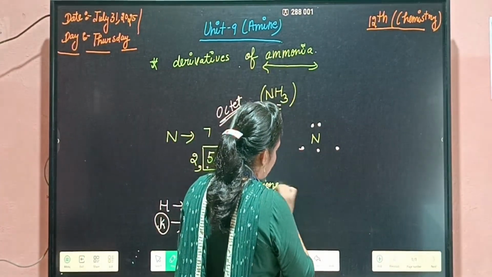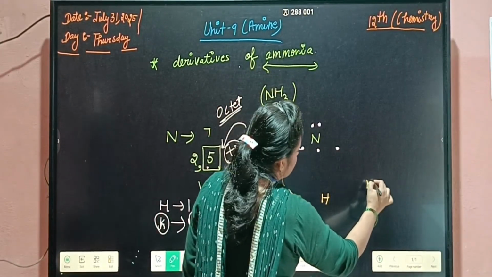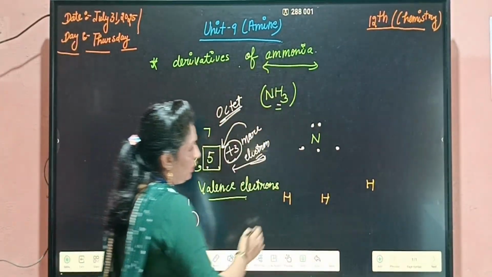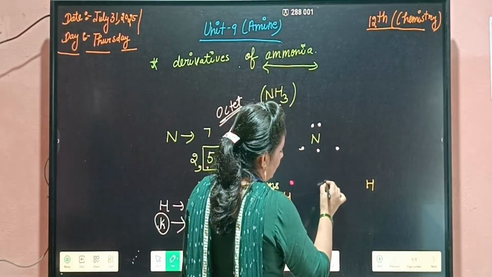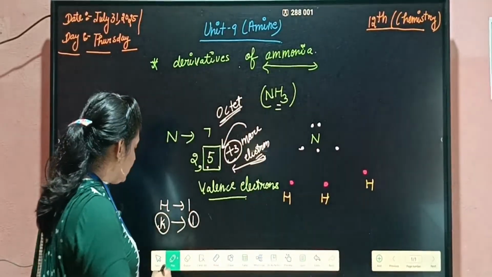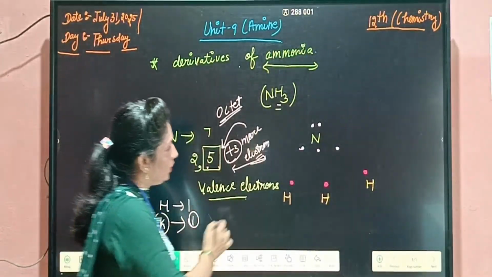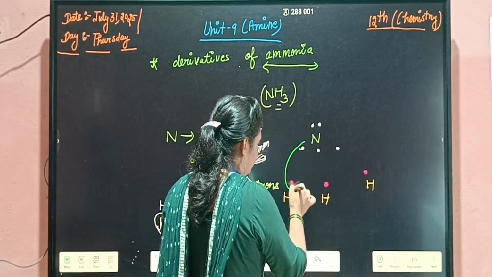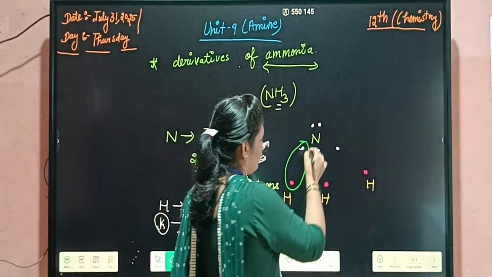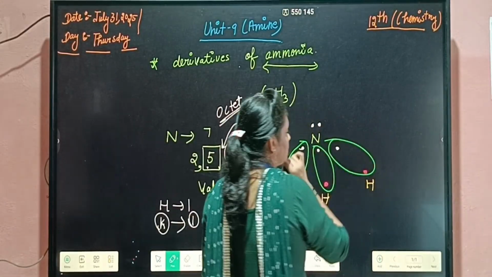Each of the 3 hydrogens has only 1 electron. So they can do mutual sharing. This nitrogen will form one bond with this hydrogen, one bond with this hydrogen, and one with this hydrogen.